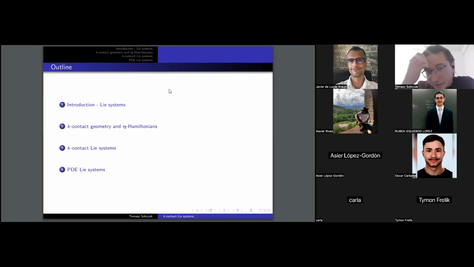So as an outline of my talk, I will once again introduce really briefly, because as I said, I talked about it previously, a short introduction to Lie systems, the elements of K-contact geometry and eta Hamiltonians, precisely the useful ones, because there are a lot of things to say about the K-contact geometry, and many ways we can use it.